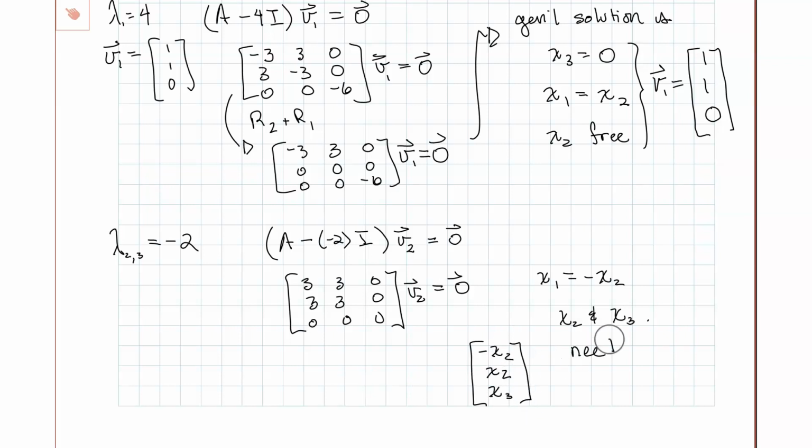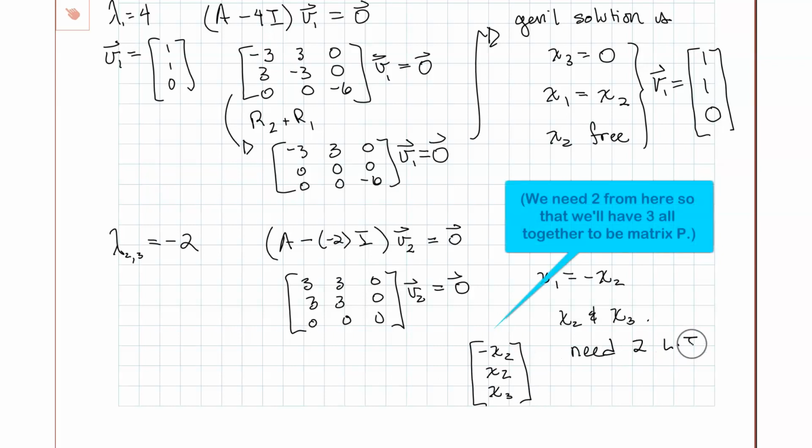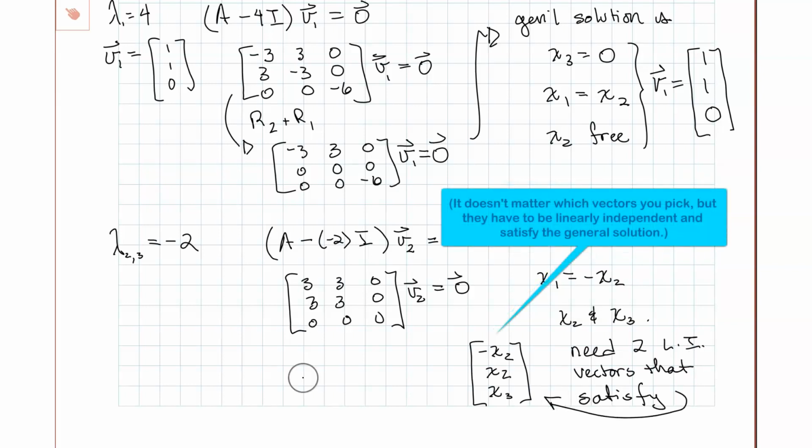So we need two linearly independent vectors that satisfy that. And that's pretty easy to do. For my first eigenvector, I would set x3 equal to 0 and x2 equal to 1. So that would be minus 1, 1, 0. And for the second one, I would set x2 equal to 0 and x3 equal to 1. So 0, 0, 1.